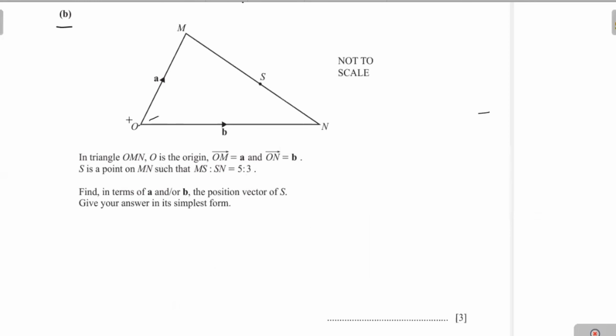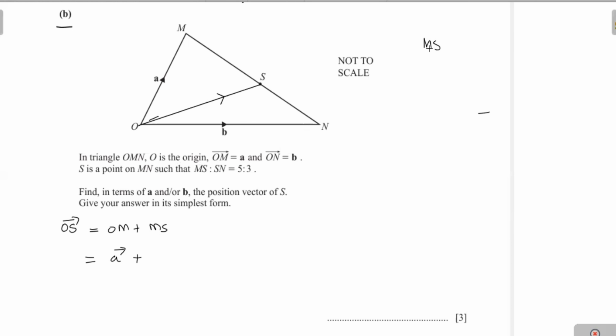This is the vector OS we have to calculate. And this vector OS will be equal to OM plus MS. The vector OM is A, and we have to calculate the vector MS in terms of A and B.